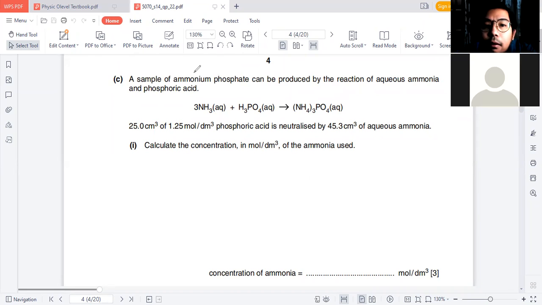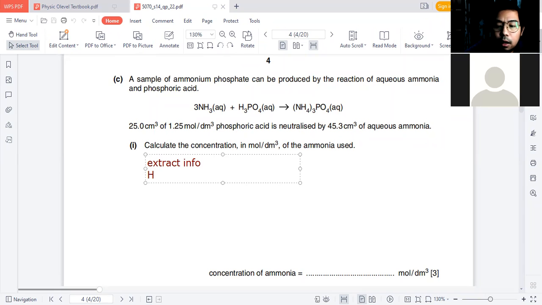So again, don't forget to extract step by step. First things first, you have to extract info. So what can you have?